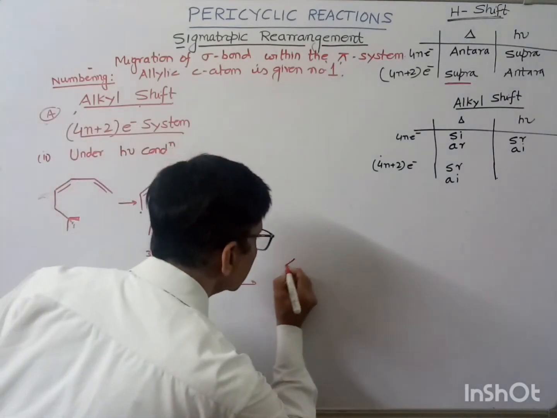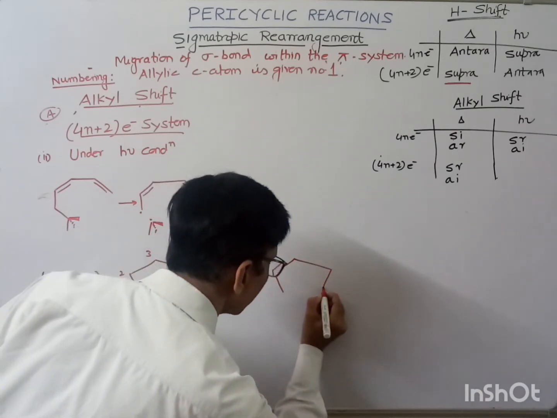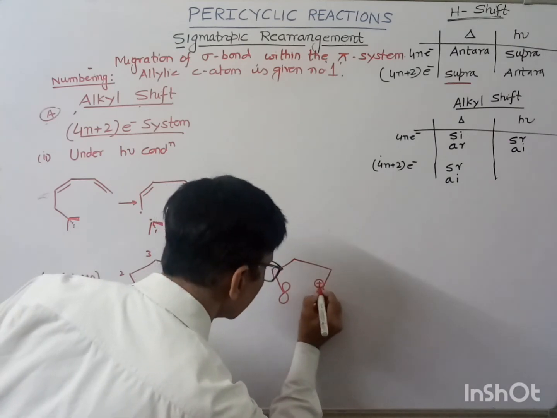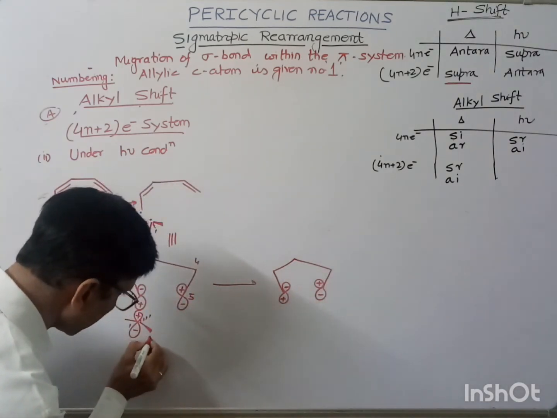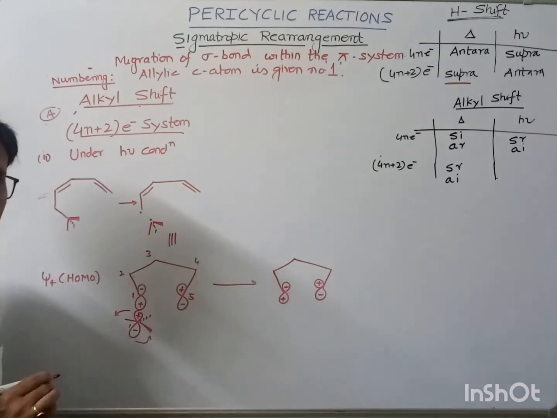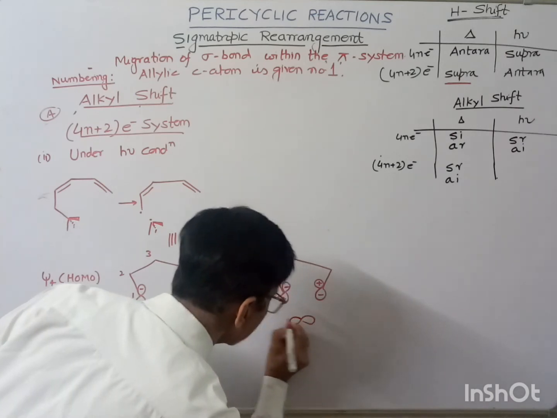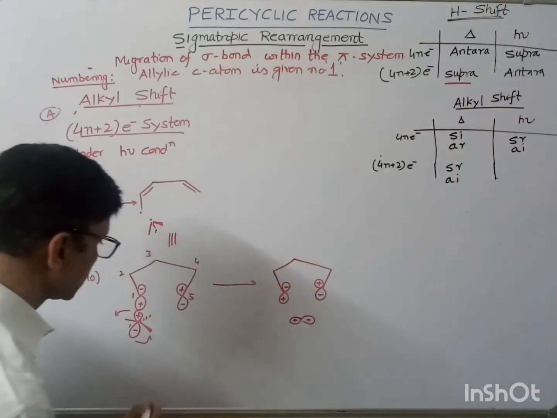Now in a suprafacial interaction, for the interaction to take place, it should migrate like this with a 90 degree migration. So let us show the 90 degree migration.